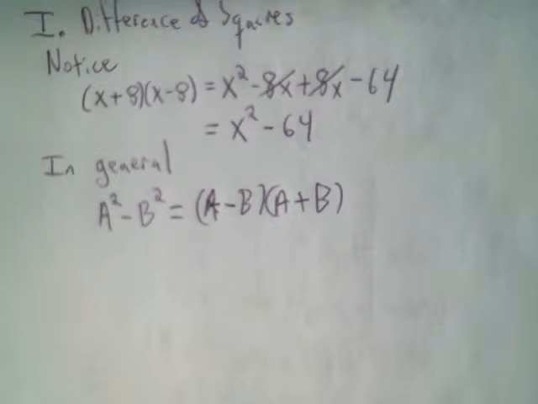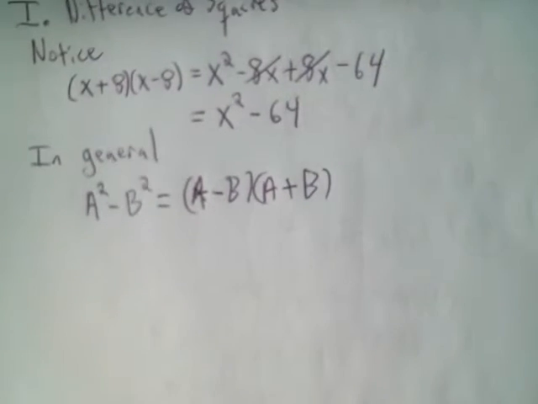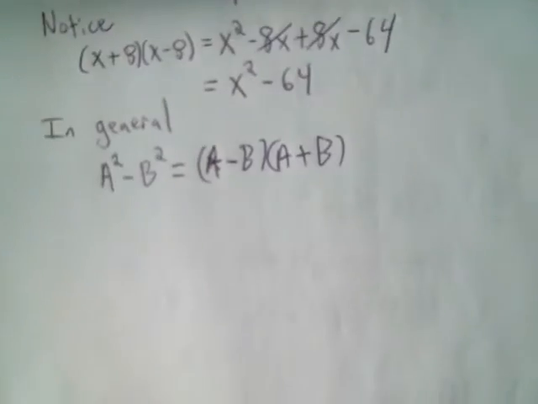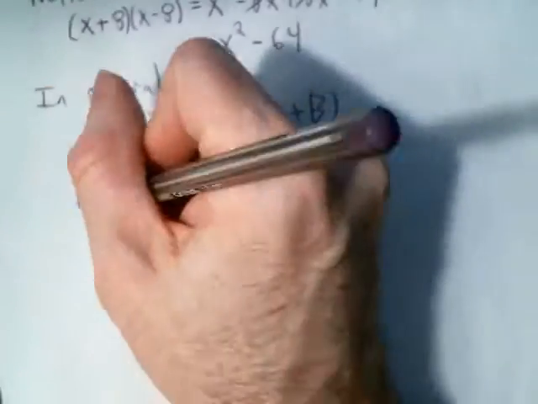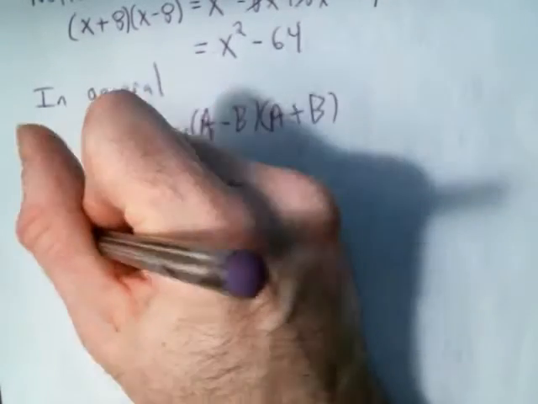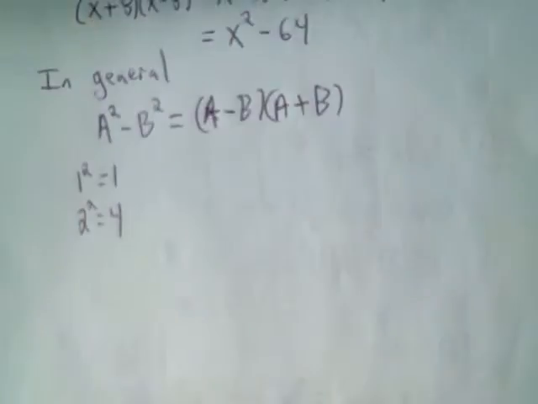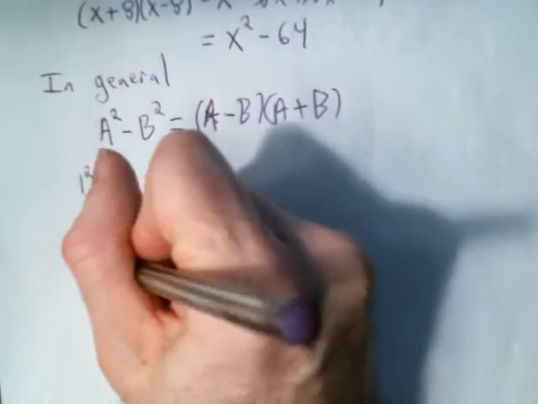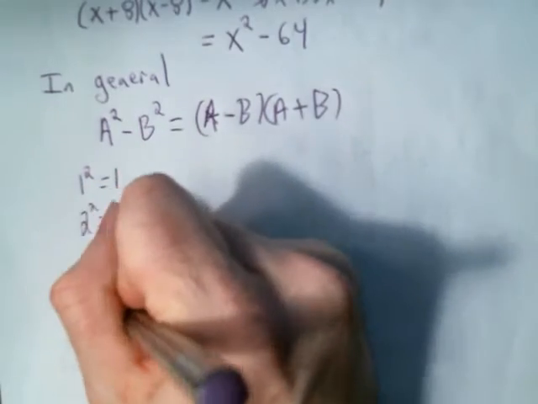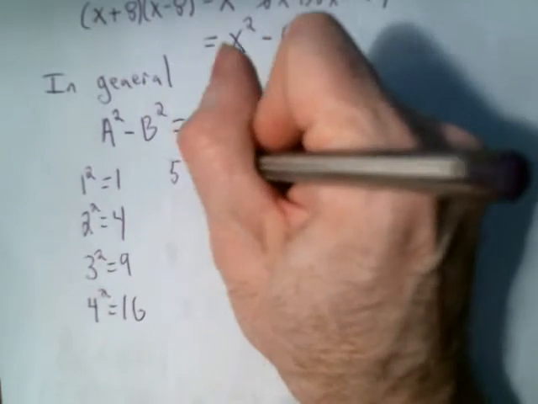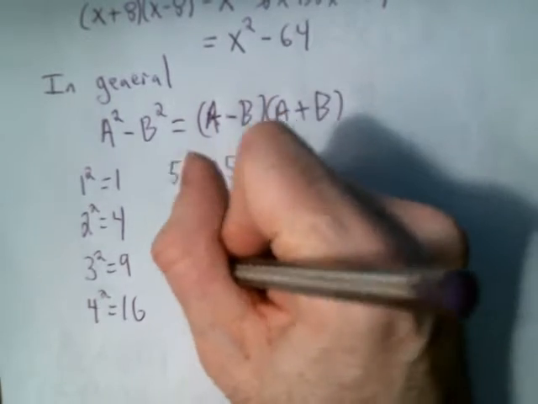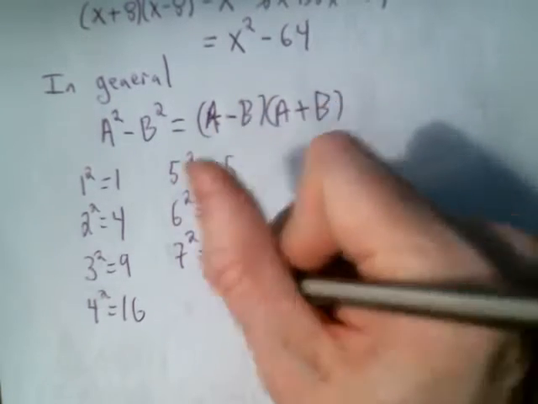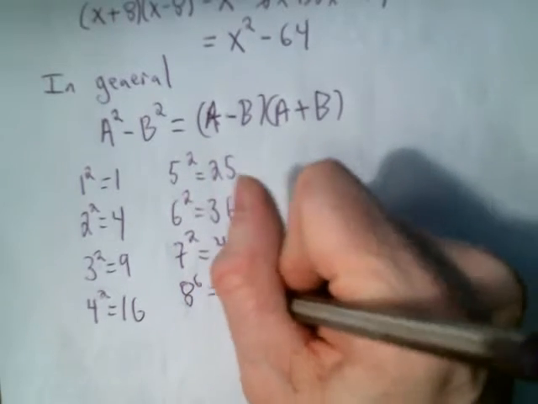Okay, in order to do these, it's good to have a list of perfect squares sitting somewhere next to you, or have them memorized. Most people don't have them memorized, so we'll just remind you, 1 squared is 1, 2 squared is 4, okay, and so on, 3 squared.